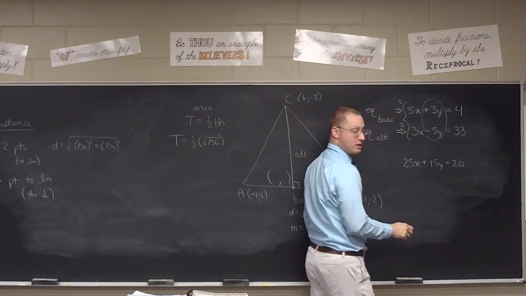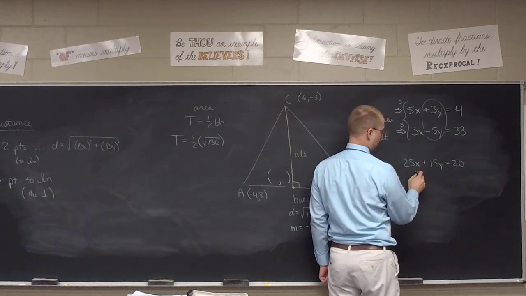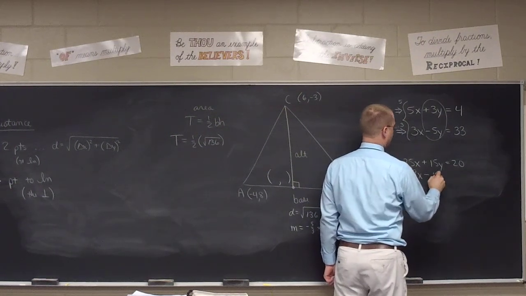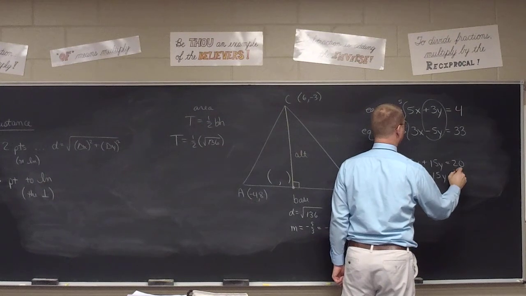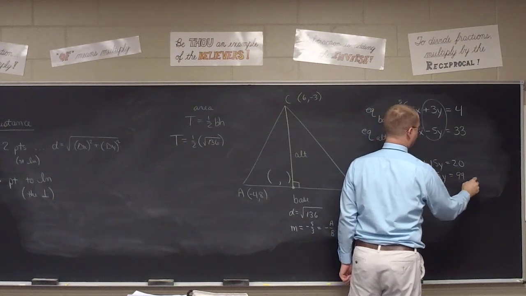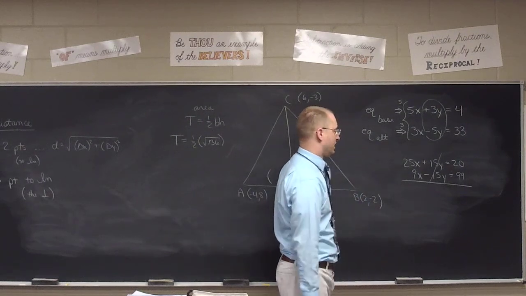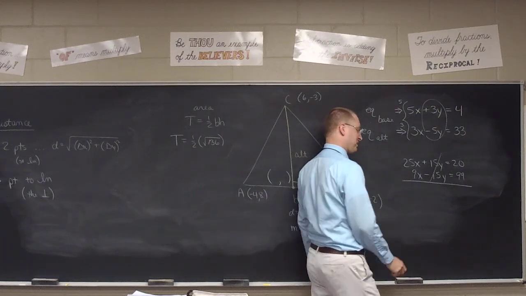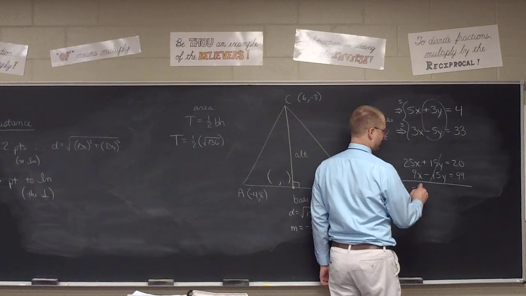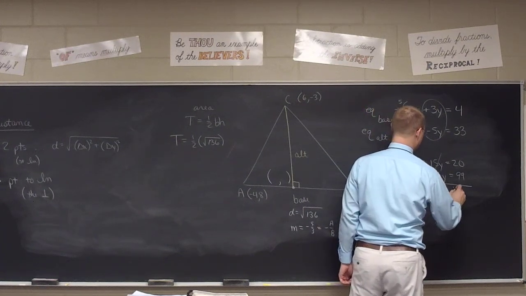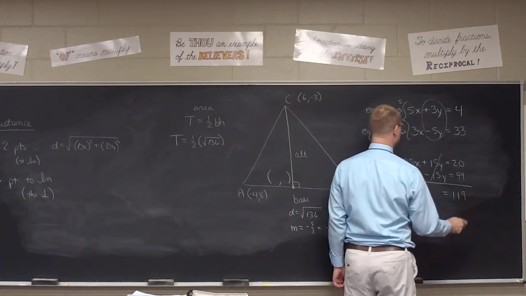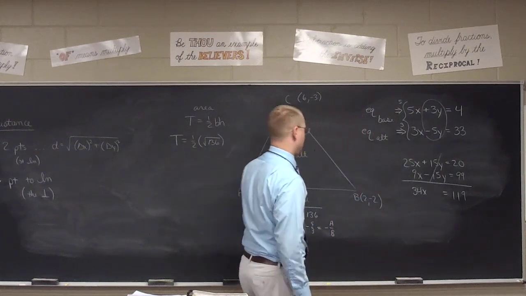And the bottom equation, Jamie? 9x minus 15y equals 99. All right, we cancel the y's, and I'm starting to get a little nervous here. What am I getting for my equation now, anyone? 34x equals 119.